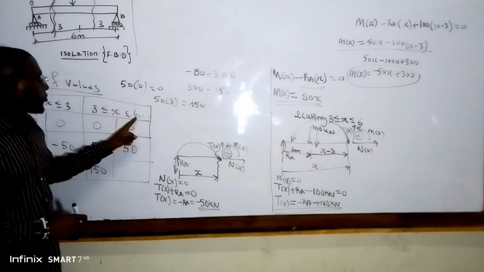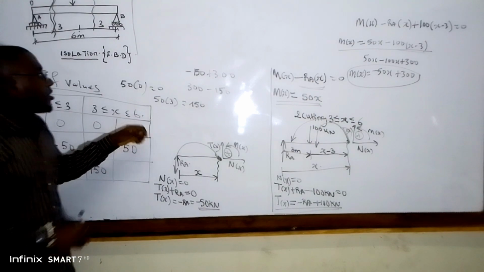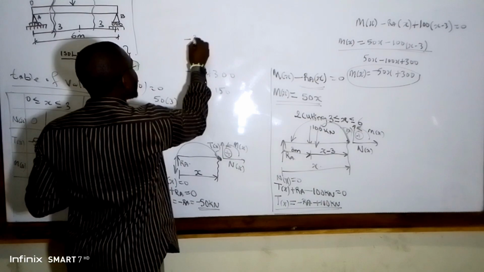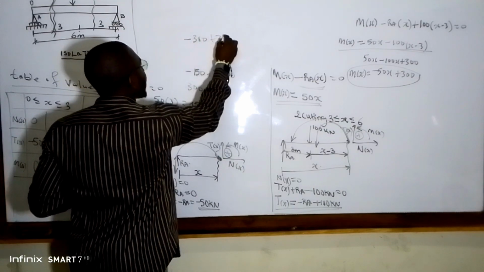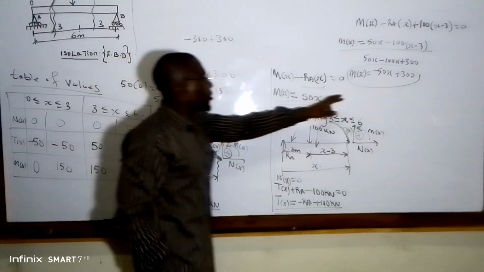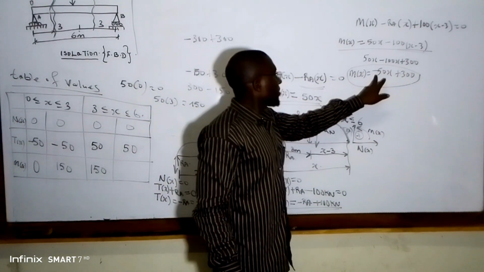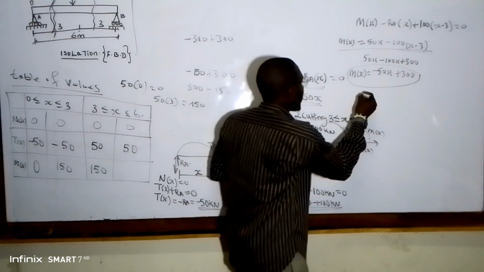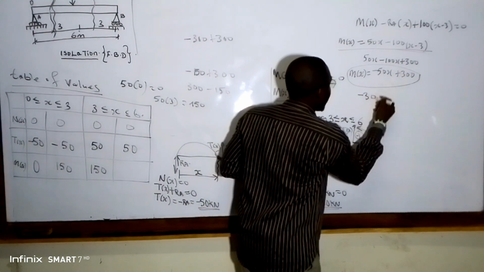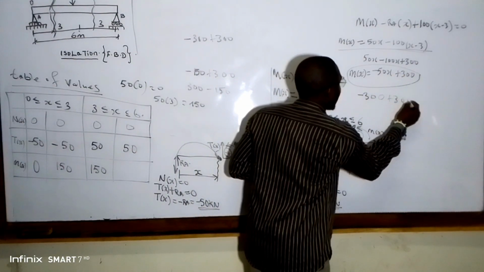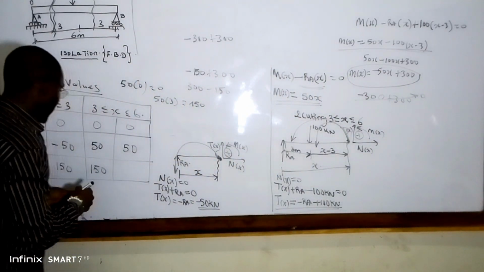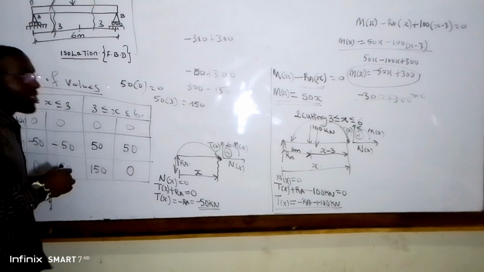We do the same, we substitute 6. So we are now going to have 6 times 50, which is 300. And we have a negative sign, so it gives us negative 300. Plus 300, which will give us 0. So guys, it means here will be 0.